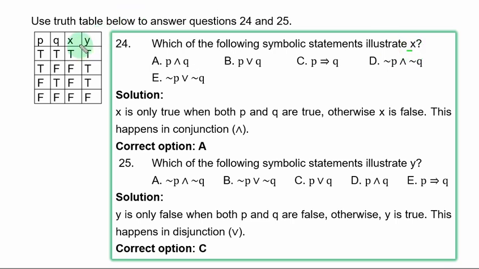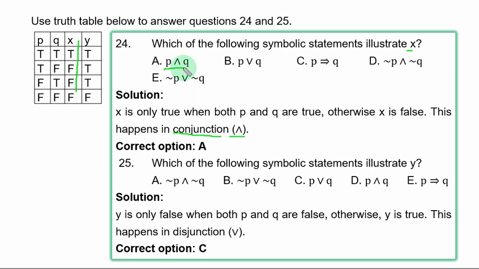This is S. If you check S very well, the outcome for S is true when both P and Q are true, and that only happens in the conjunction connective, that is and. So you have P and Q. The correct option is A.